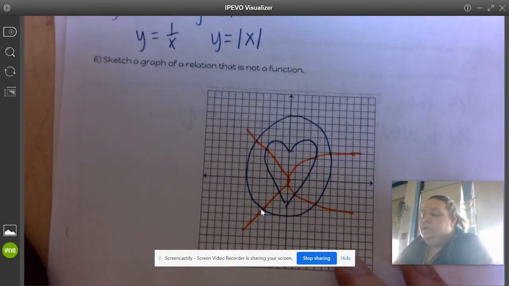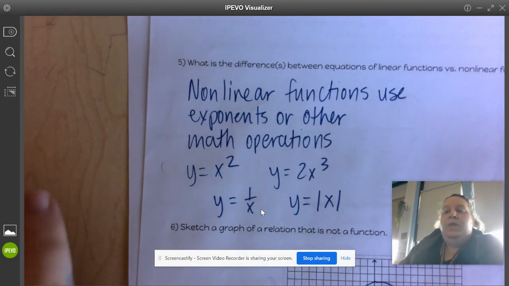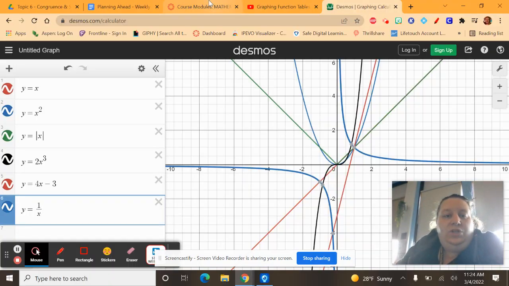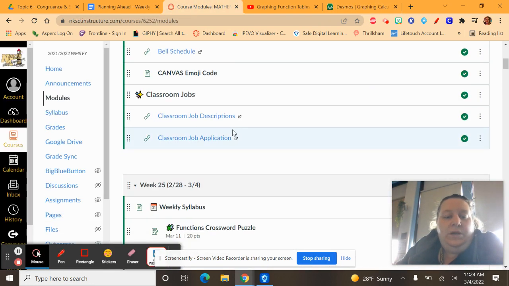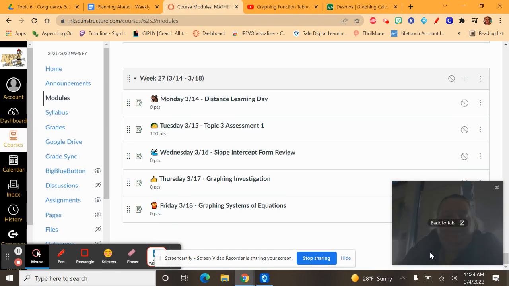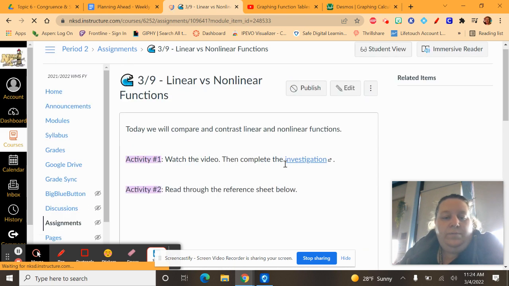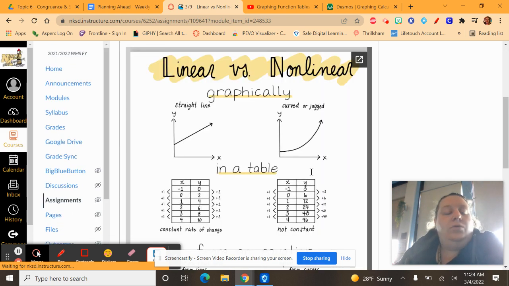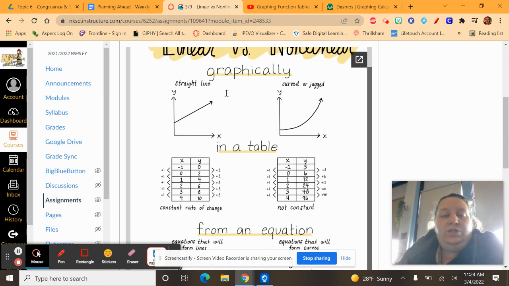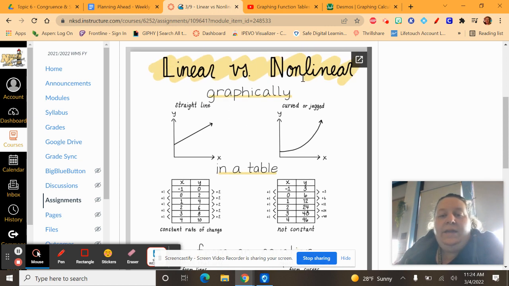Okay. So to summarize what we've seen in this investigation, if you go to today's Canvas lesson, I've posted a PDF summarizing this information. So I would print this out or make sure to get a copy when you come back to class. So as a graph, linear is a straight line and nonlinear is curved or jagged.